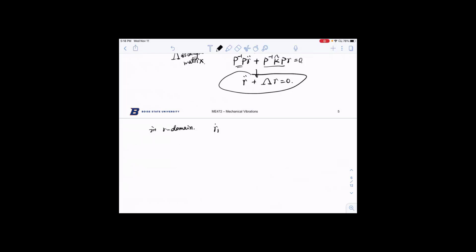So you have R1 double dot plus lambda 1 R1 equal to 0. You have your R1 initial condition and initial velocity. And then all the way to Rn double dot plus lambda n Rn equal to 0. You have initial conditions for that equation. So as I said, for each row, that's just free vibration of a single degree of freedom system. You can easily solve that.